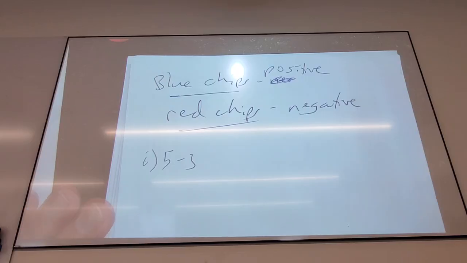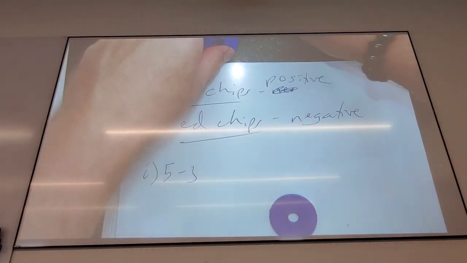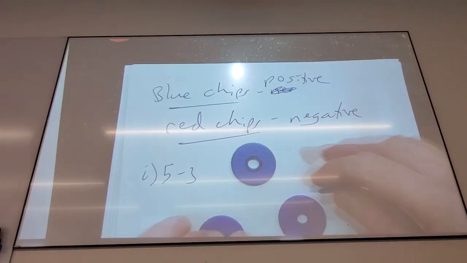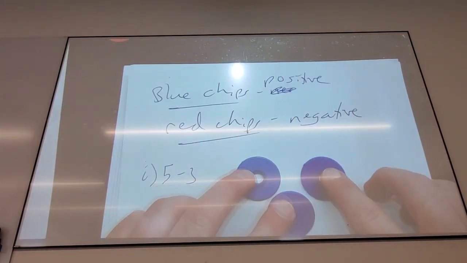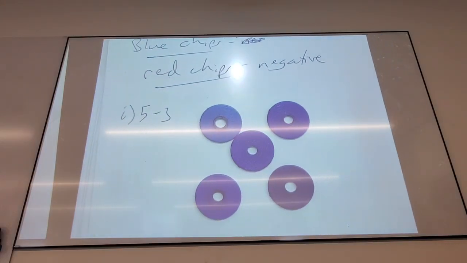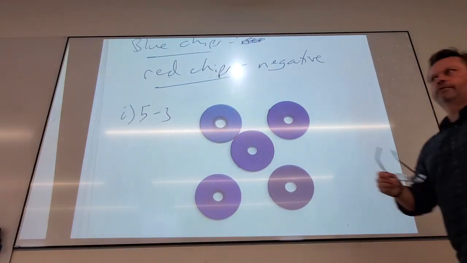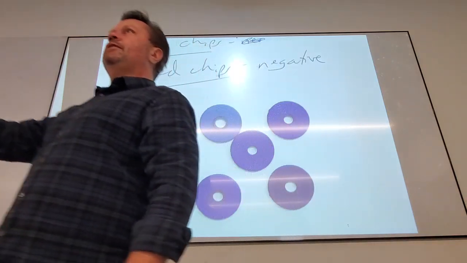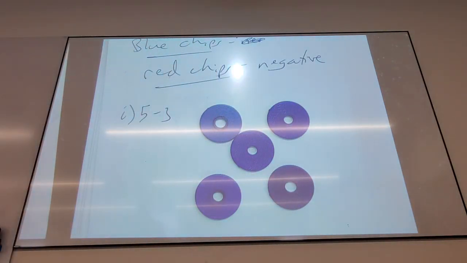Oh, I need more of these. What number does this represent? 5. 5 minus 3 is physically telling me if I had 5 positives, I want to take 3 of them away. So students will latch onto this immediately.